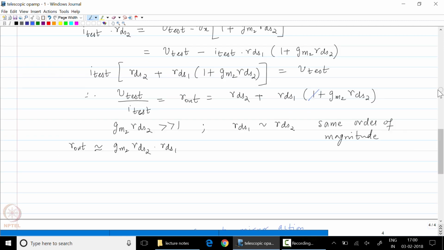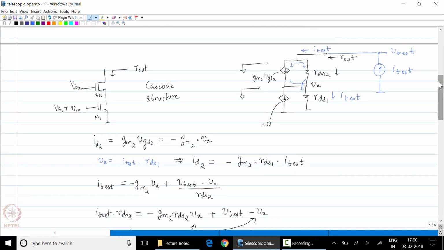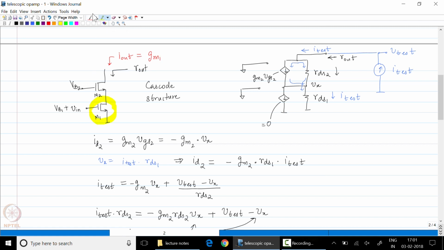Now please note that what is left unsaid is that this particular cascode structure has the same GM. I have so far looked only at the output resistance. The output current flowing into the circuit is GM1, the GM of the lower transistor, times Vin.